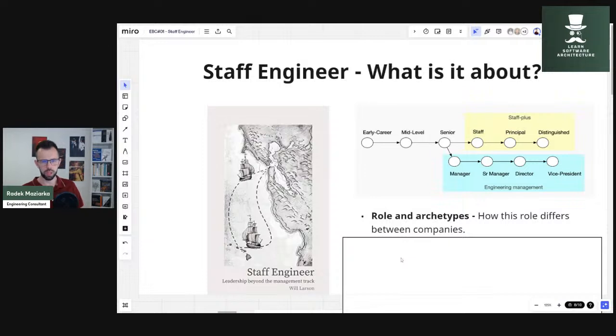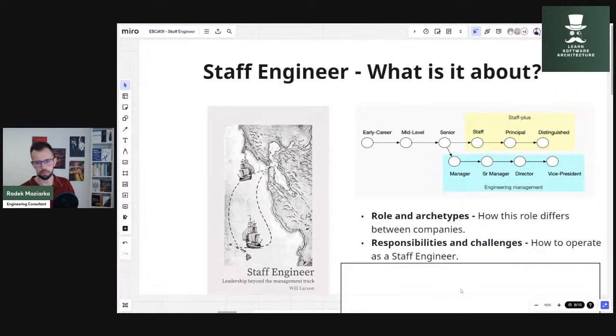The book is divided into some areas. The first is focused on roles and archetypes: how the role of a staff engineer differs between companies. There are different shades of this role across our industry, and we can choose which archetype is best in our environment.